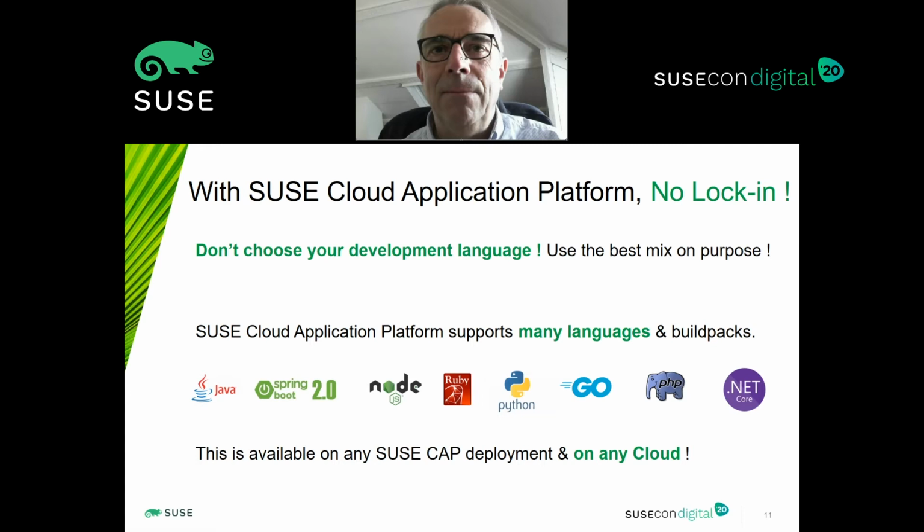These languages are available on any cloud and in an identical way, as in fact everything is bundled inside your CAP deployment. Here again, you have no lock-in, as you can let your developers choose their language of preference and have the same development and operation experience whatever the cloud.